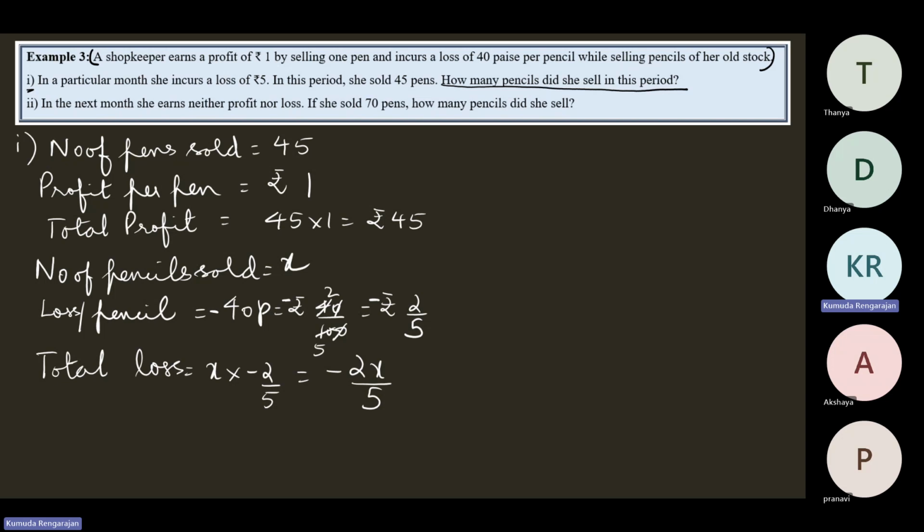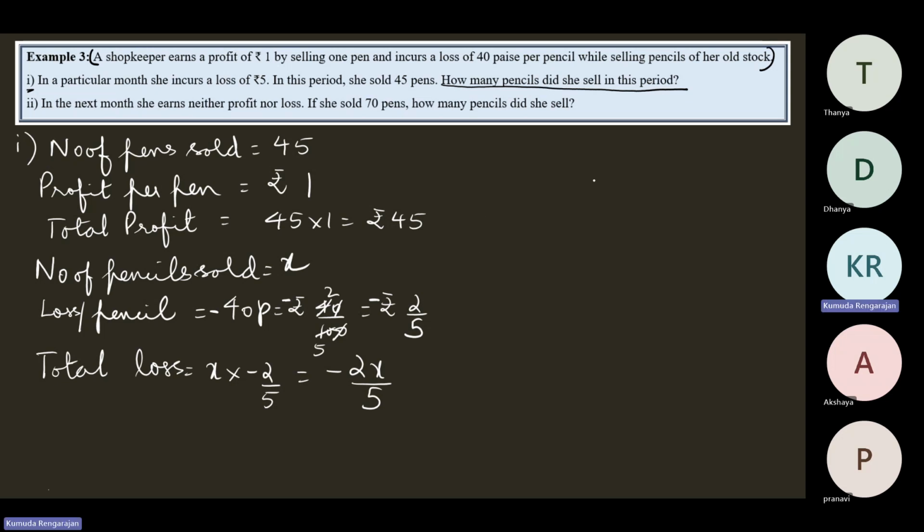On all the transactions put together, the net loss is 5 rupees. That loss is not only about the pencil. Taking into account all the transactions in that month, the total loss is 5 rupees.